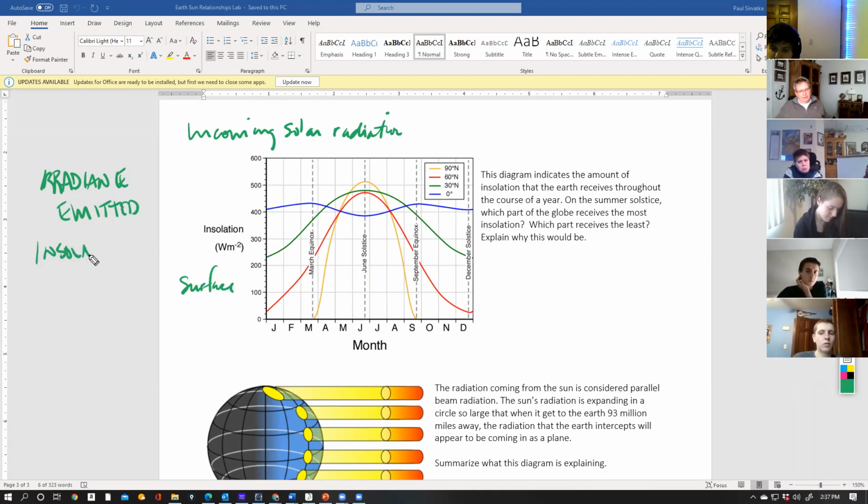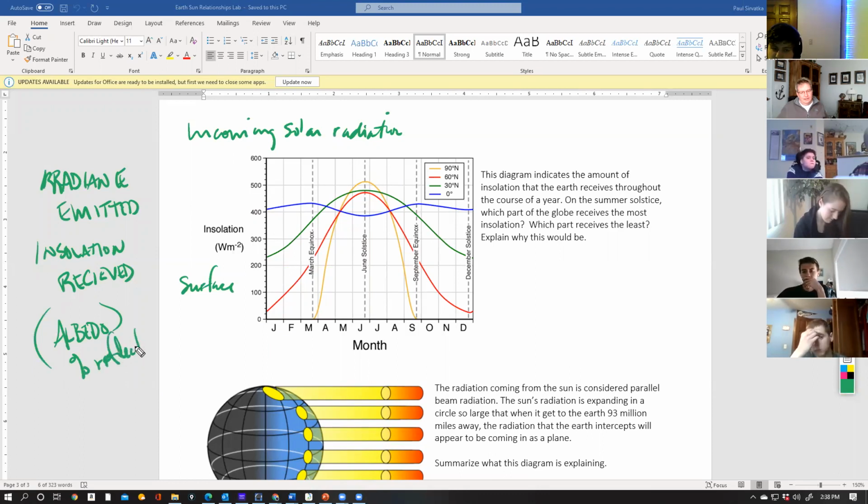Insolation is received. It's what's hitting an object. Remember, there's also the albedo, which is the percent reflected. So we're not talking about that reflection yet. We're talking about what's actually hitting an object.